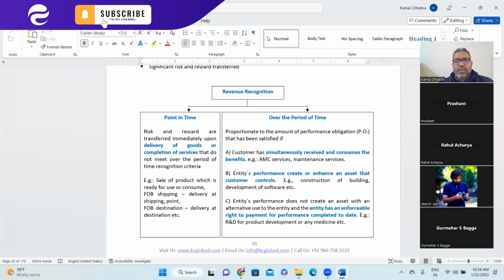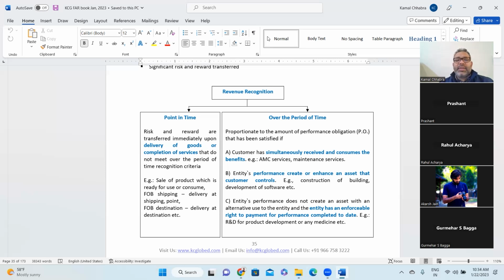The second one is that the entity's performance creates or enhances an asset that the customer controls. In this case, for example, you are constructing a building for a customer, right? So here, the entity's performance creates or enhances an asset that the customer controls.